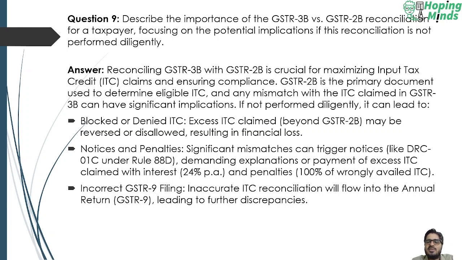Any discrepancies may lead to notices and communications from the GST departments. Also, it may lead to GST audits and investigations. The department may block or deny the credit and may charge for the excess input tax credit availed along with interest at the rate of 24%.